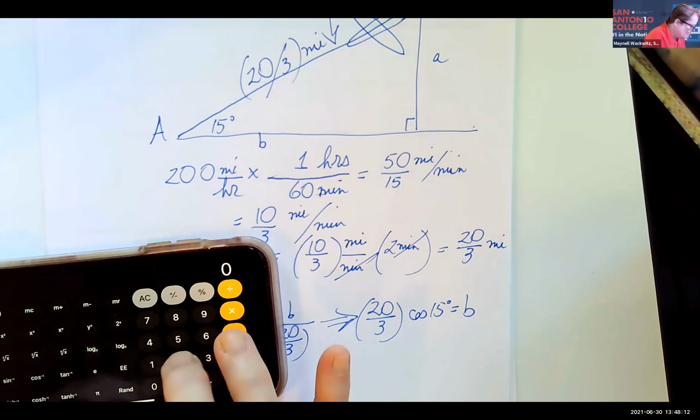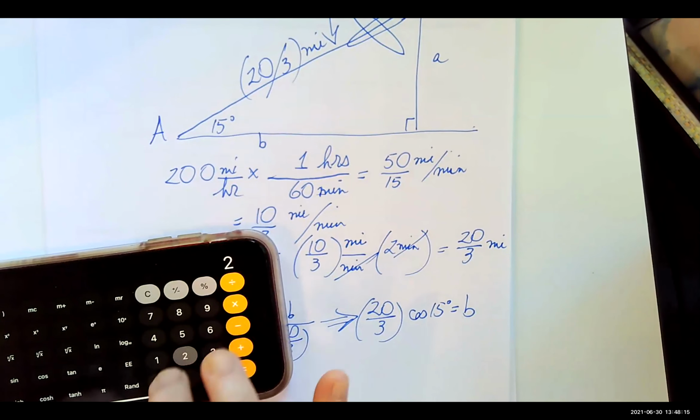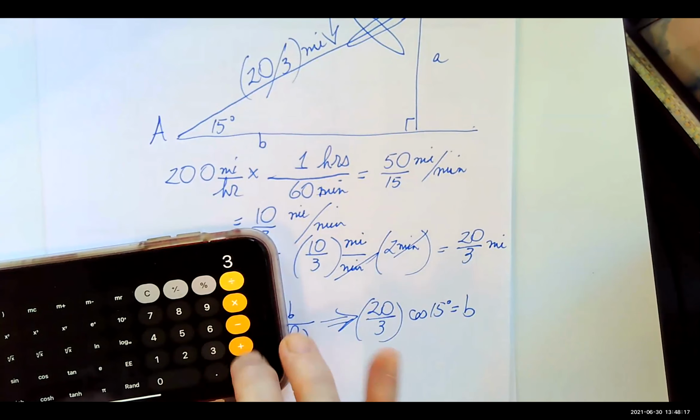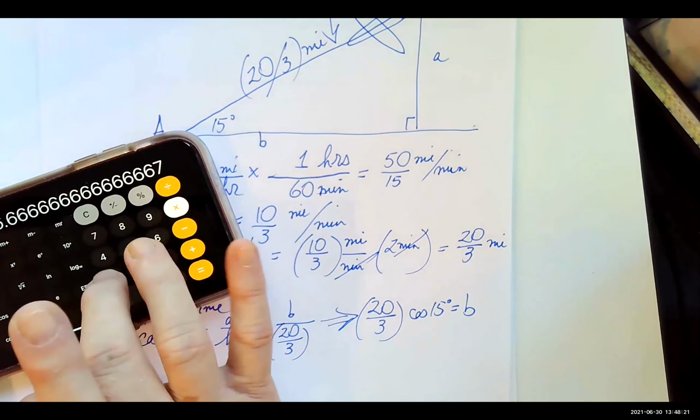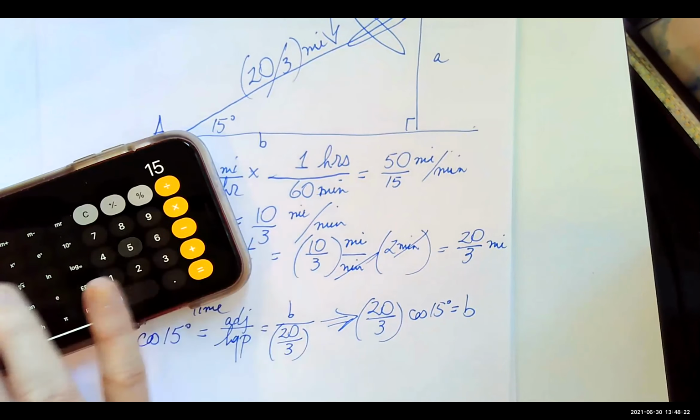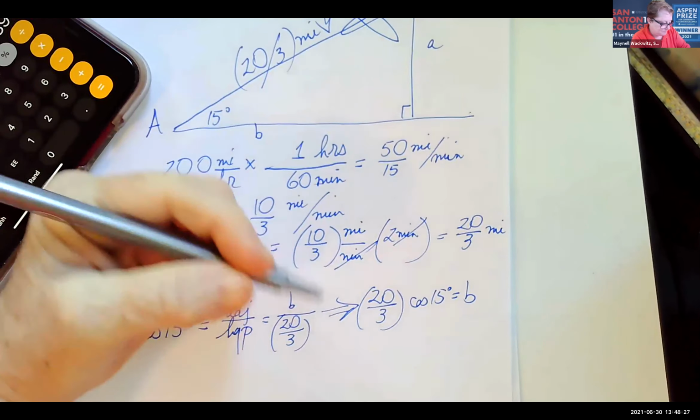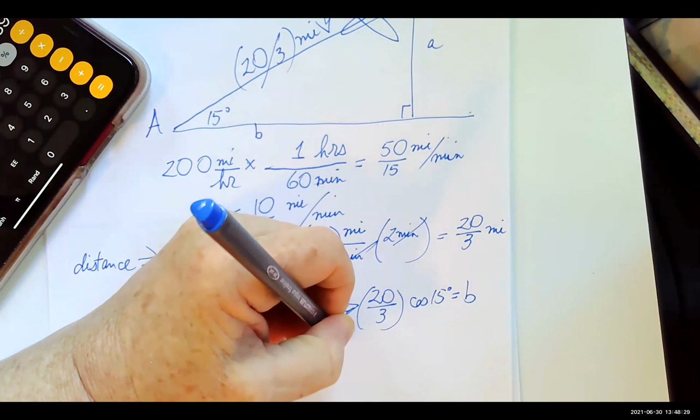Be about 6.4 miles. Okay, yeah, 20 divided by 3 times. Yeah, I got 6.4. Oh, see, I meant 6.4. Yeah, sorry.